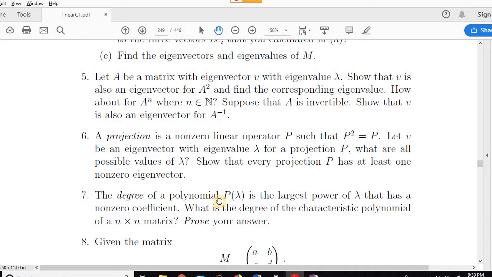Well, that actually doesn't work, because the zero matrix is not a non-zero operator. That's a zero operator. So the zero matrix doesn't work. That's why I put this in here.